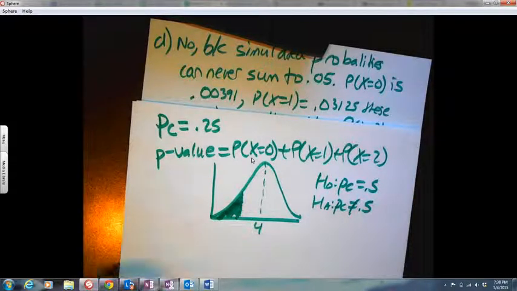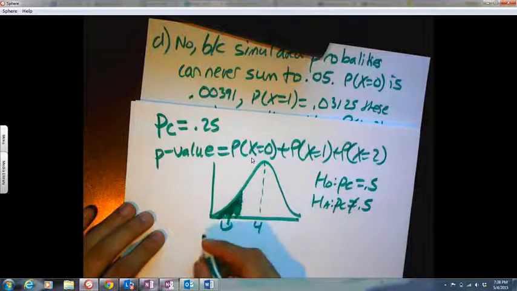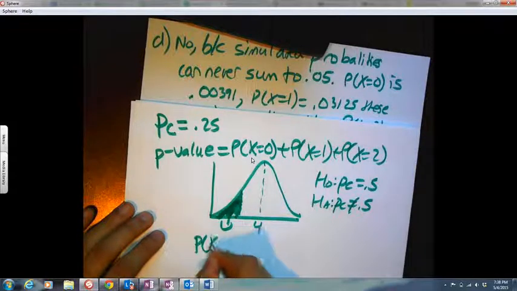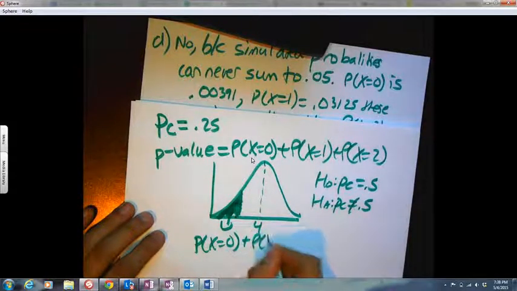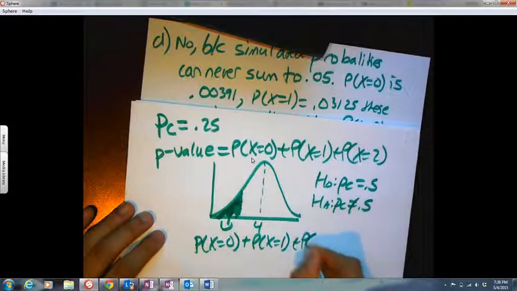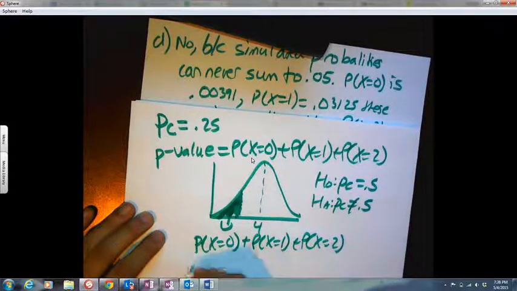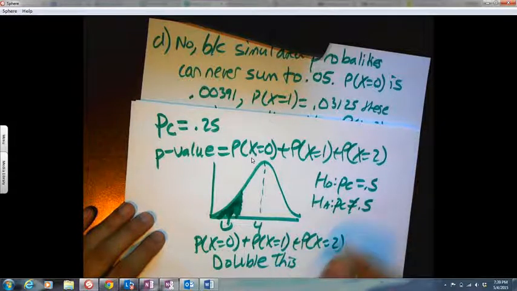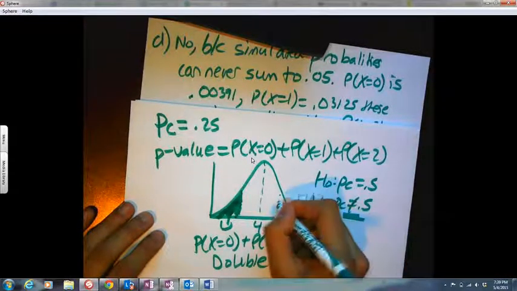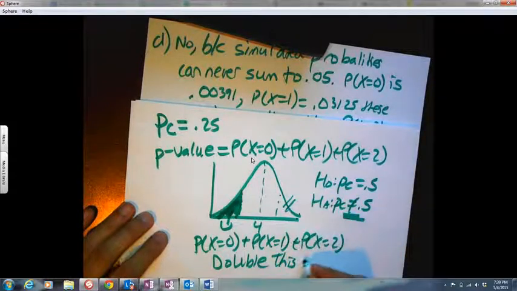So this is P x equals 0 plus P x equals 1 plus P x equals 2. And then I need to double this because this is a does not equal, so it's actually a double-sided test.